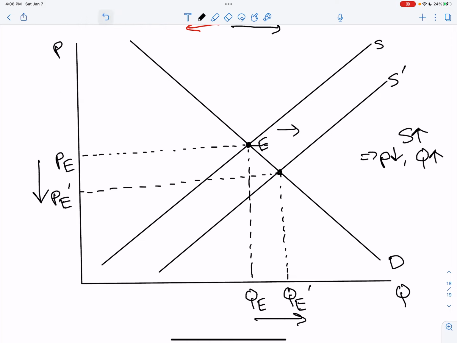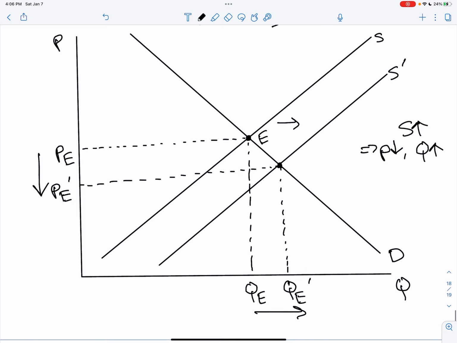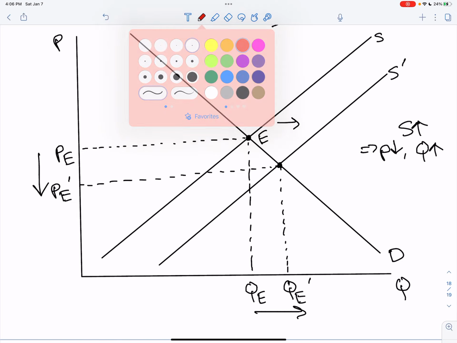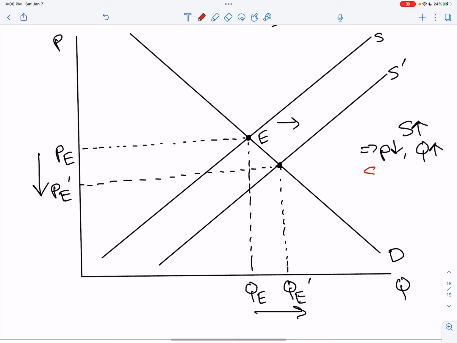Okay, finally, what happens if supply decreases? Represented, of course, by a leftward shift in the supply curve.